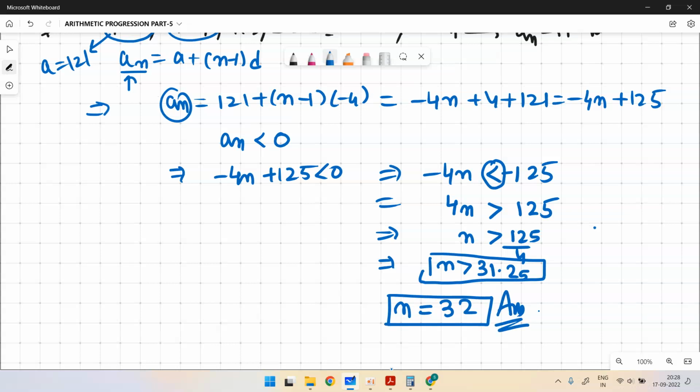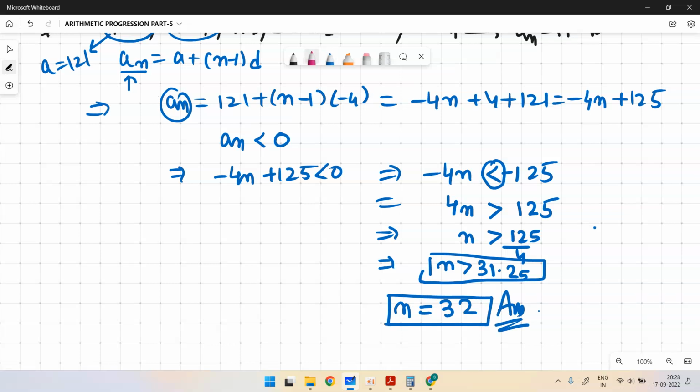Now you might ask, sir, why I have changed the sign here. You know that minus 3 is greater than minus 4. On the number line, 0, minus 1, minus 2, minus 3, minus 4, the number on the left side is less than the number on the right side.